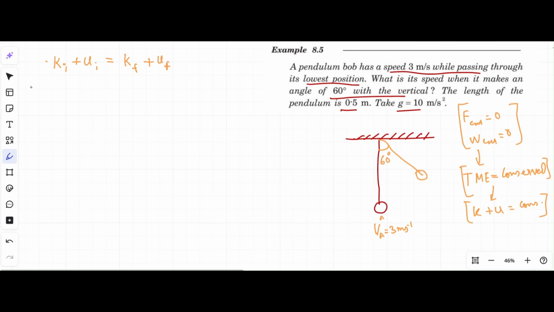Now what is the initial kinetic energy? We know that the initial velocity u equals 3 meter per second, which is also the velocity at A. This is the same thing. So Ki equals half m vA square, because that is our initial position, plus the initial potential energy.